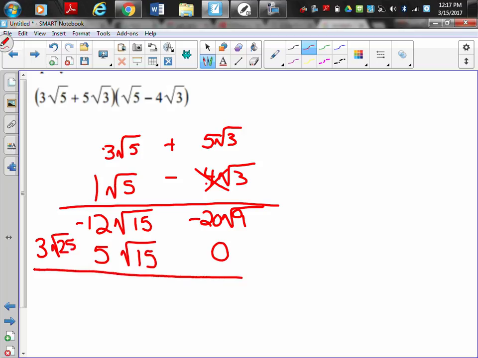Now, remember when we add, we're adding only the ones that are alike, so we're adding in our columns. So this is negative 20 square root of 9. Negative 12 plus 5 is negative 7 square root of 15.